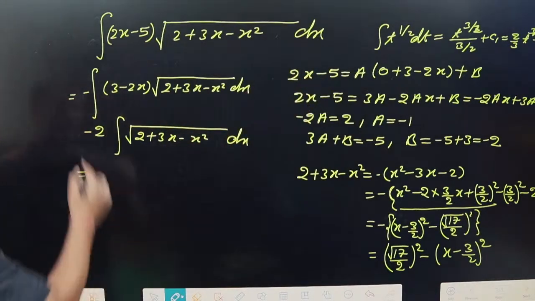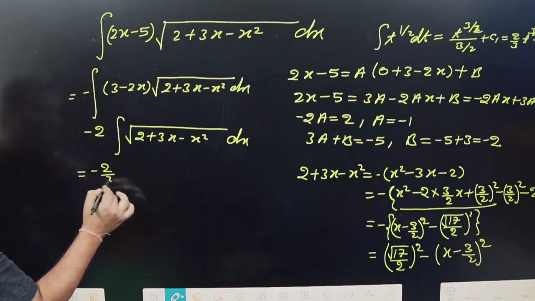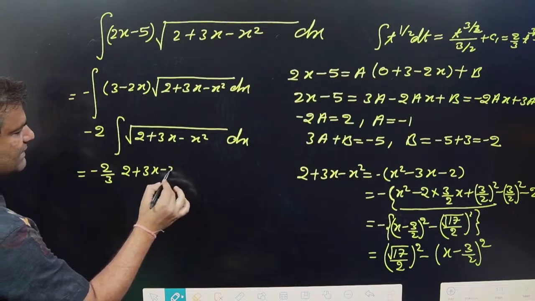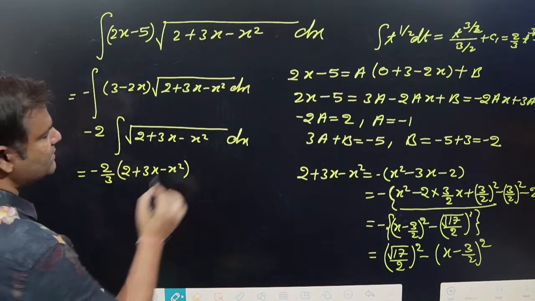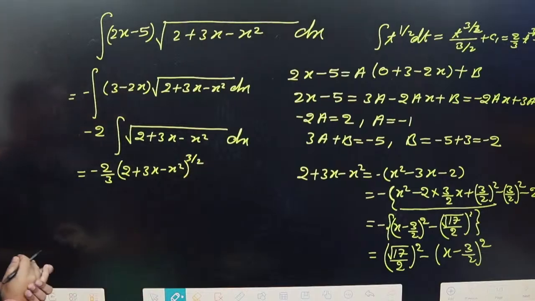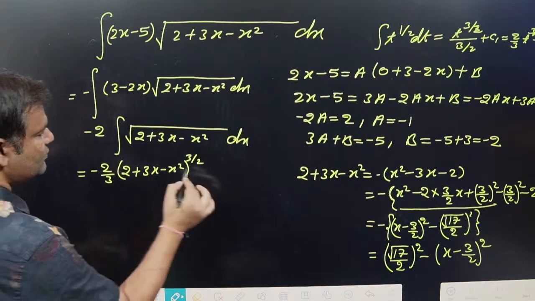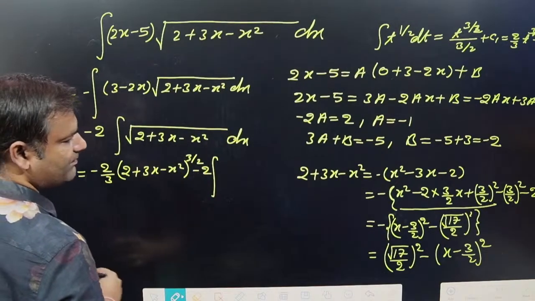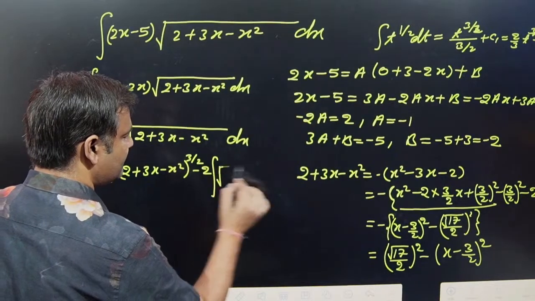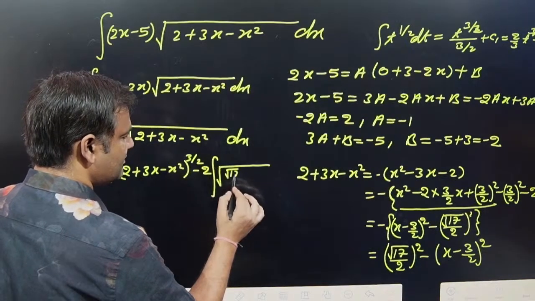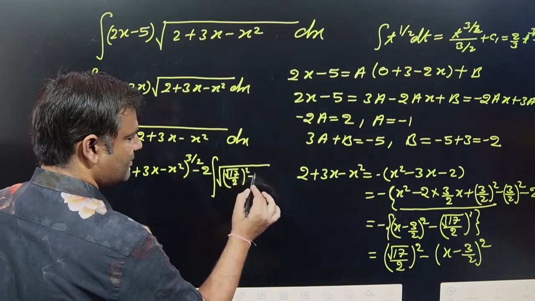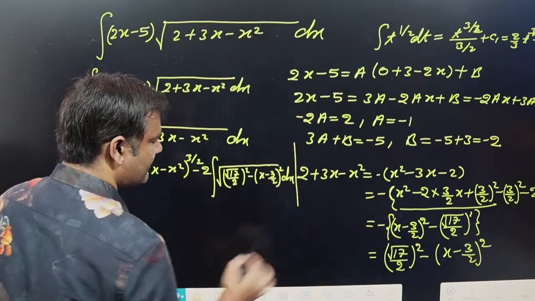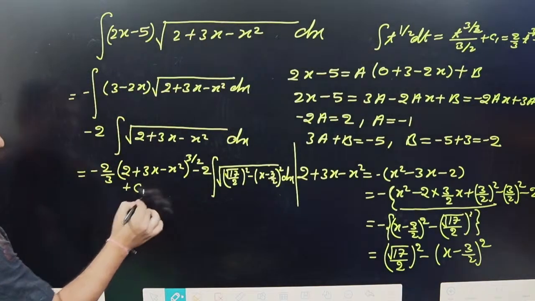So what about that value finally? You can say minus 2 by 3 into t to power, t means 2 plus 3x minus x square, to the whole power 3 by 2, minus 2 into integration of under root of 17 by 2 to the whole square minus x minus 3 by 2 to the whole square dx, and here a new constant c1.